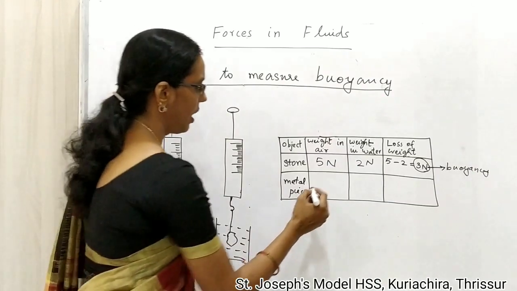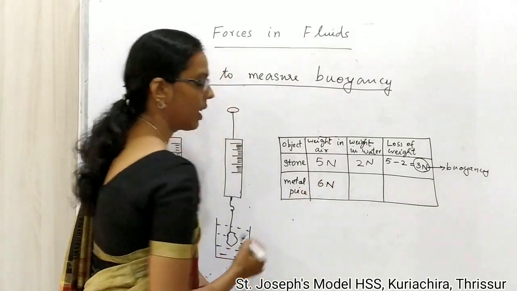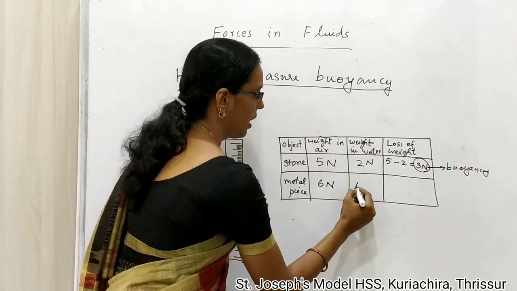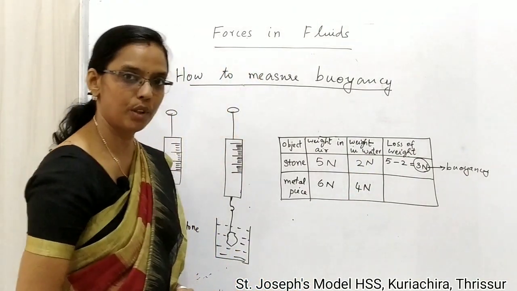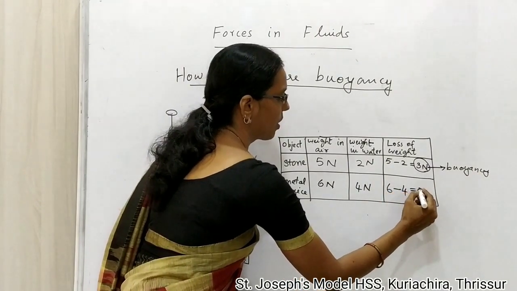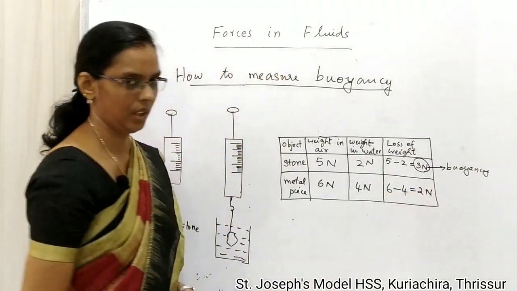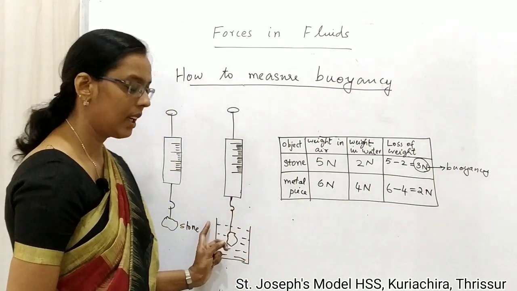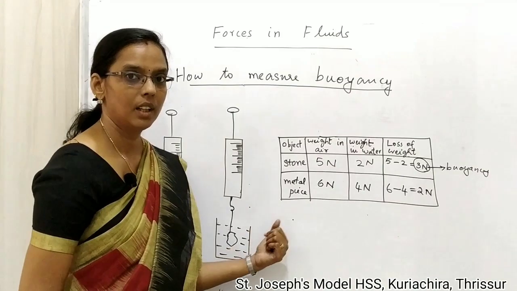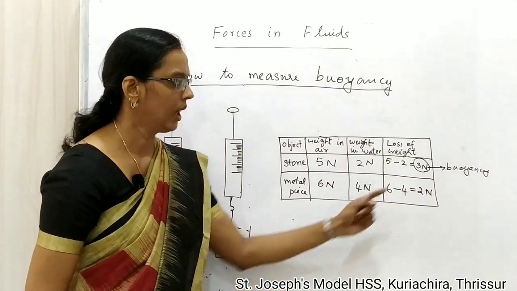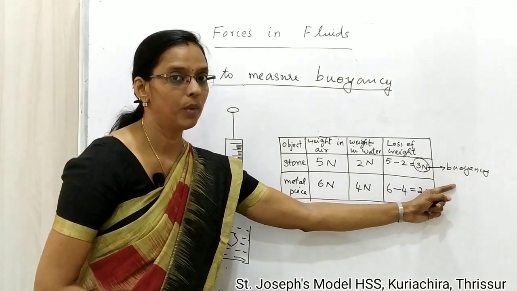Do the same. Say the metal piece in air has a weight of 6 Newton and in water it has 4 Newton. Then what is the difference? 6 minus 4 is equal to 2 Newton. So to measure buoyancy, it is enough to take the weight in the liquid and in air and take the difference of these two, then you will measure the buoyancy.